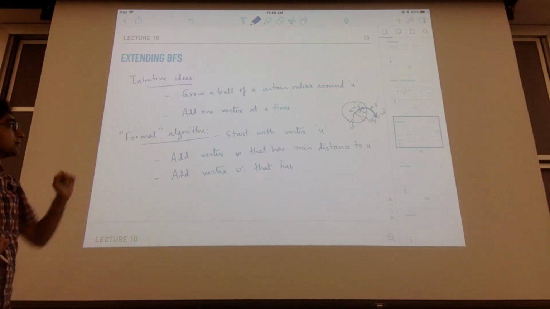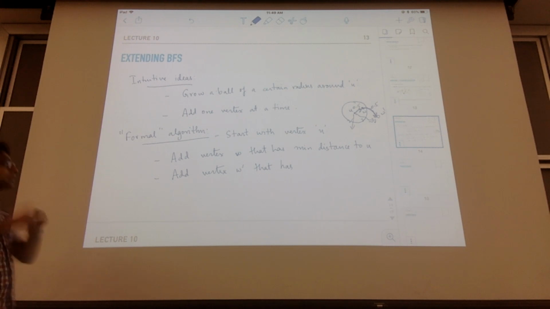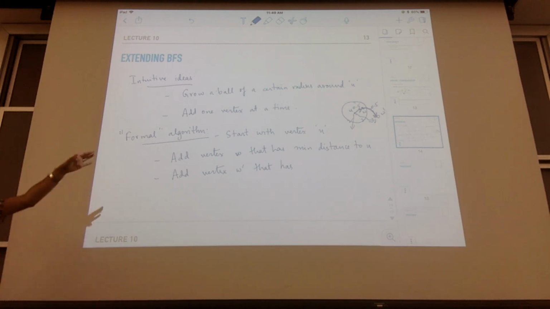You now look, so think of it like drawing this ball just by adding the closest vertex that you have in all the vertices to your set. And your new set now becomes U, W, W prime. And keep doing this. So next you add something like that, where now you look for neighbors of this also.